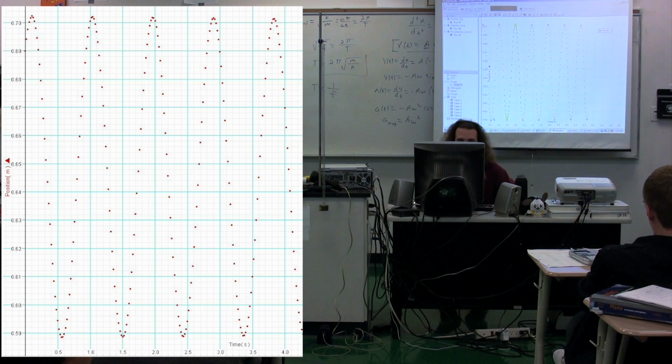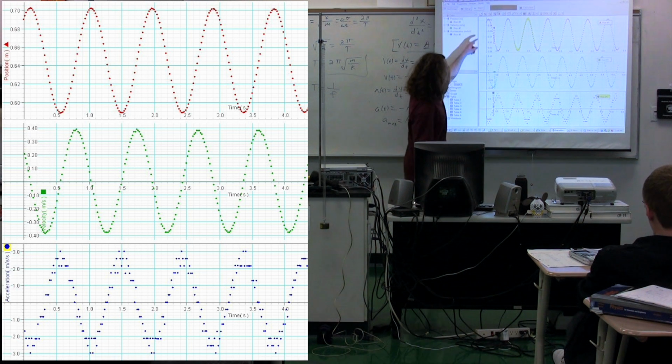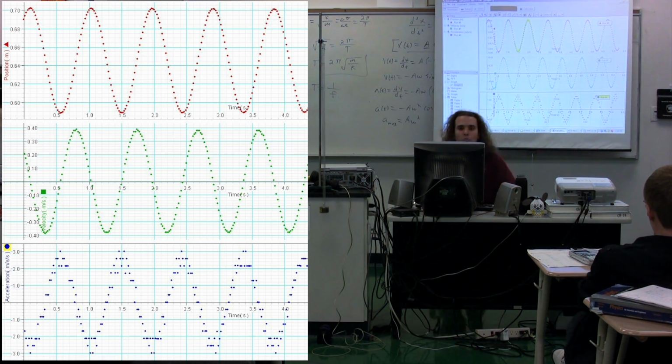So let's zoom in a little bit. Actually, let's do this first. We're going to click and drag velocity in and click and drag acceleration in. So we have position, velocity, and acceleration as a function of time. We'll zoom in on this portion here.